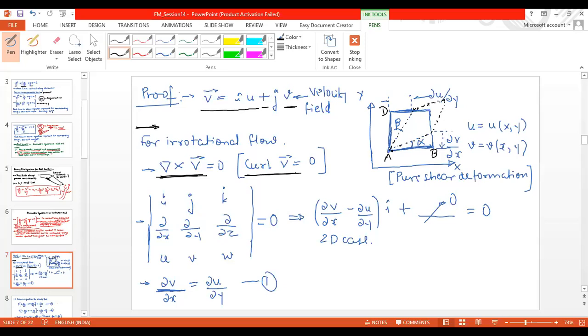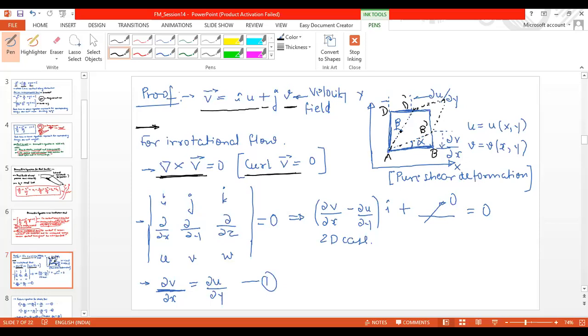After time dt you will find that AB has moved to AB dash, and AD has moved to AD dash. You can realize this as AB rotating about point A, and similarly AD rotating about point A. So in time dt, AB rotates to AB dash through an angle alpha, and AD rotates to AD dash through an angle beta.